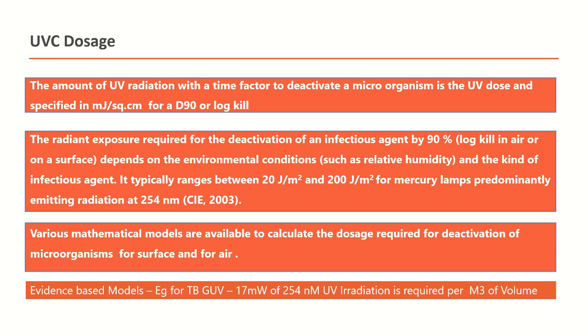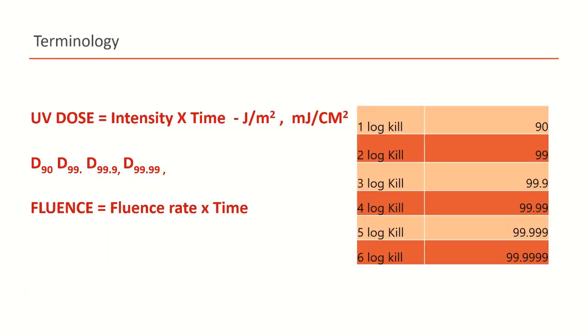For example, for disinfection of tuberculosis in a GUV system, the requirement is 17 milliwatt radiometric output of 254 nanometer wavelength UV radiation for a meter cube of volume of air. You can see here the UV dosage, fluence, is a function of intensity and time.